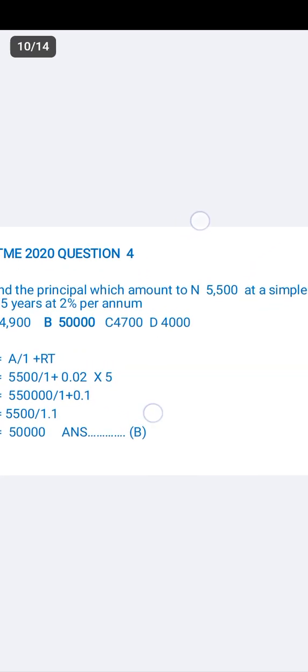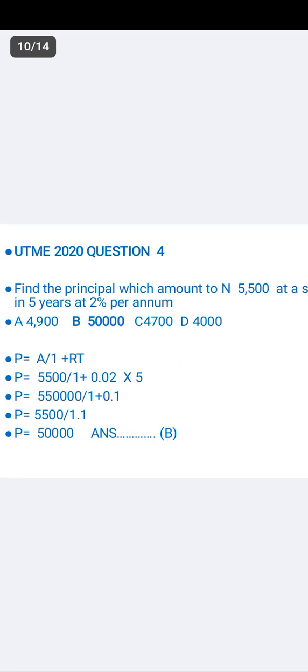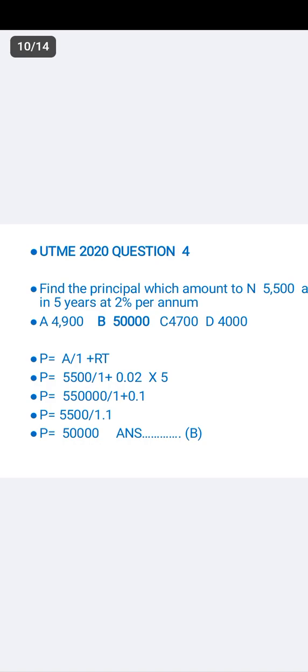the last question is 2020 question 4. It says, find a principal which amounts to 5,500 at a simple interest in 5 years at 2% per annum.